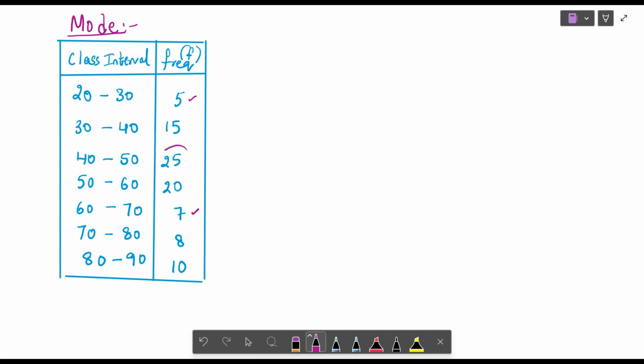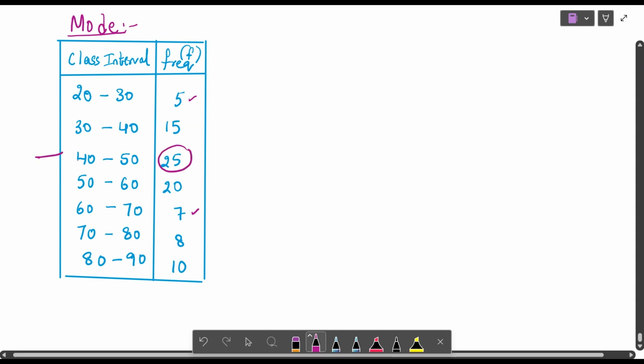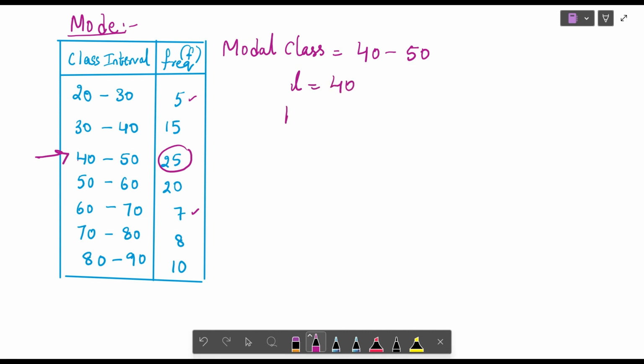The highest frequency is 25, and the class interval 40 to 50 will be our modal class. From this modal class, the lower limit will be 40 and the height will be 50 minus 40, that is 10. Just subtract the lower limit from the upper limit.